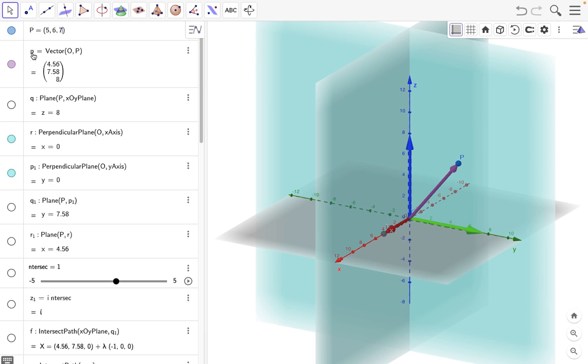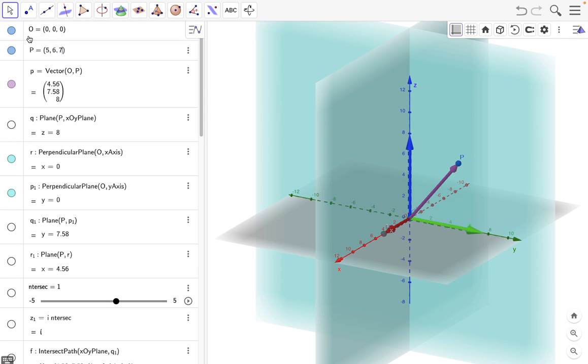But here we had the option of defining the vector. So, after defining O and P, we have given a vector command to define the vector small p, that is from O to P. Now, as we do it, it will be 5, 6, 7, that is from O to P.